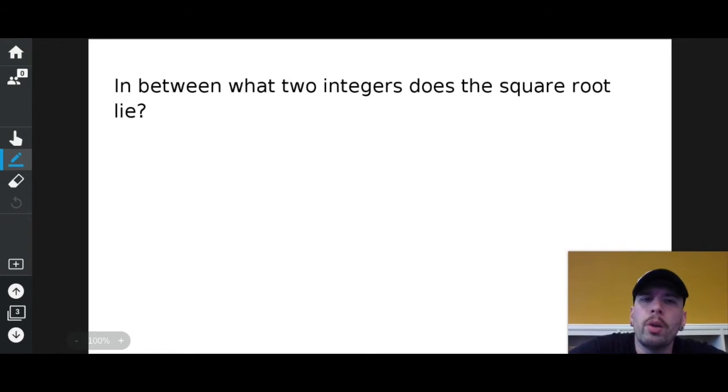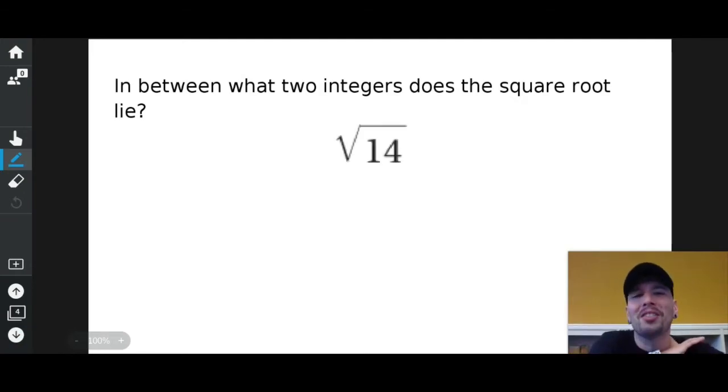In between what two integers does the square root lie? Well, I don't know what the square root of 14 is. I really don't. But I do know my perfect squares: 1, 4, 9, 16.